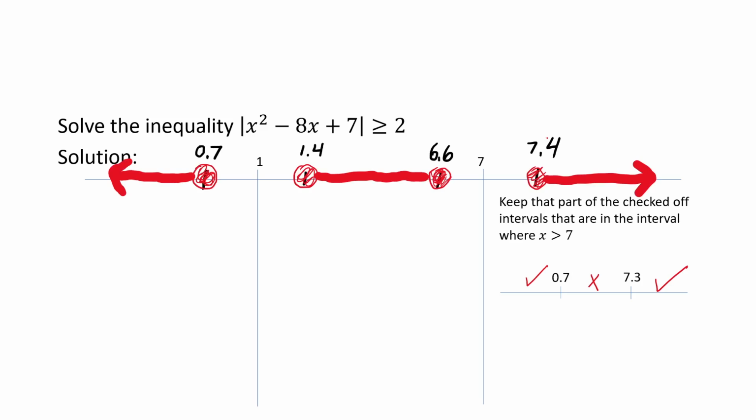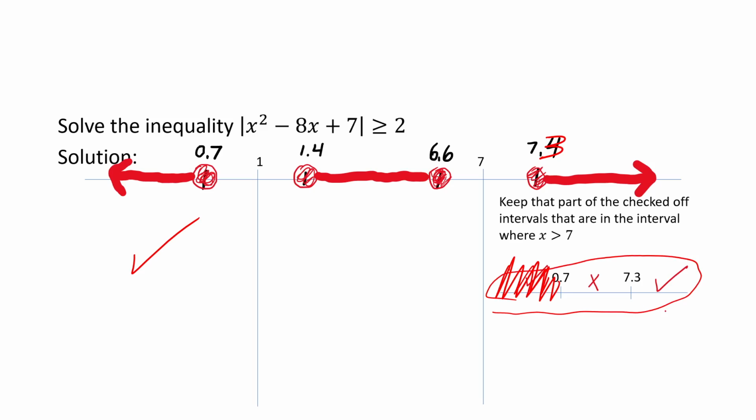But this is the part that we're allowed to keep. This part is irrelevant because I'm not in an interval where values less than 0.7 can be part of my solution. As of just looking at this interval testing here, the only part I'm keeping is right there.